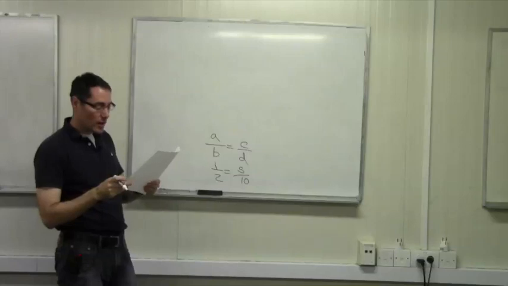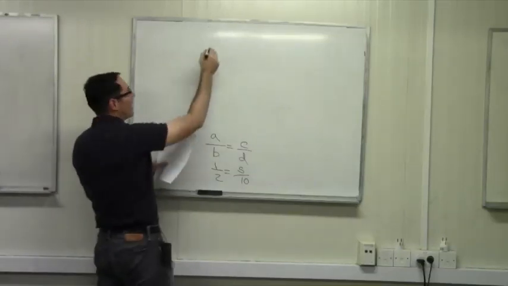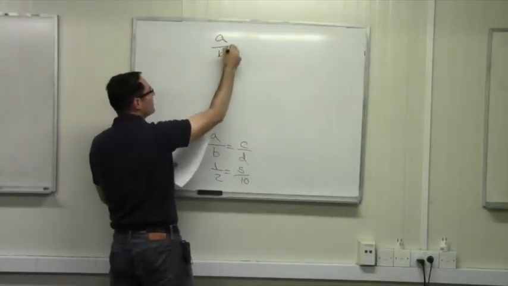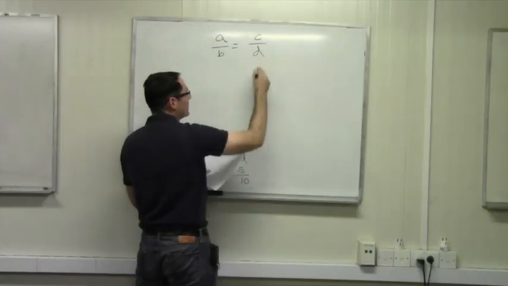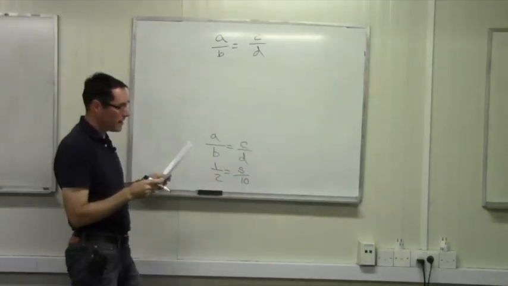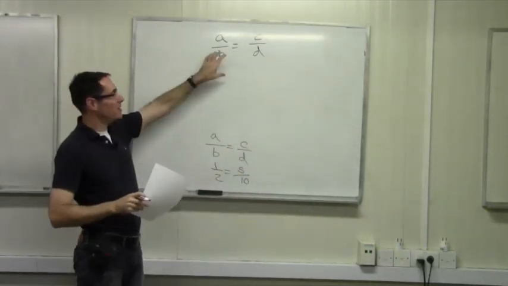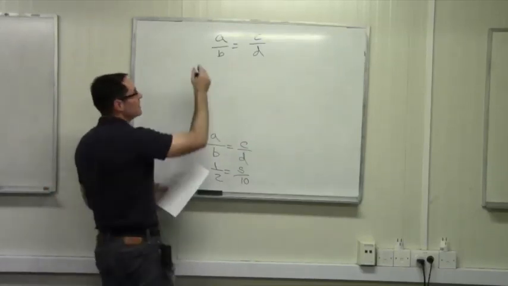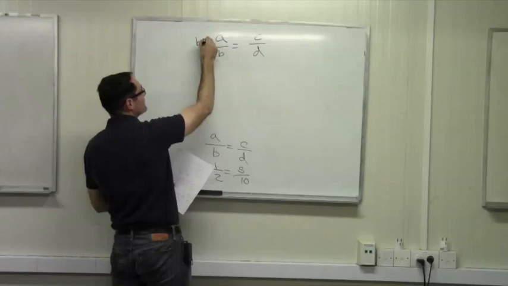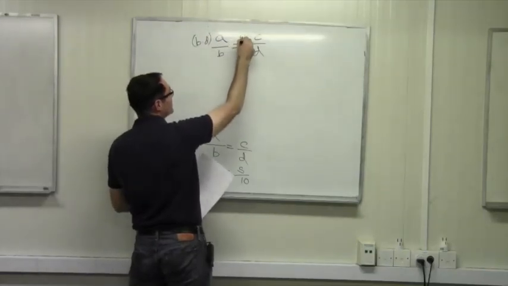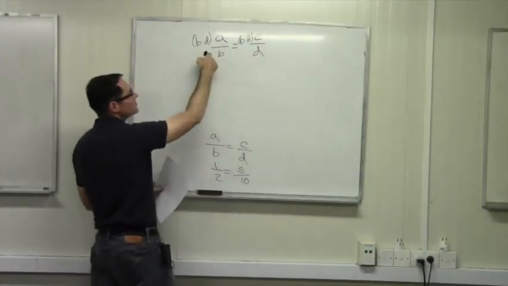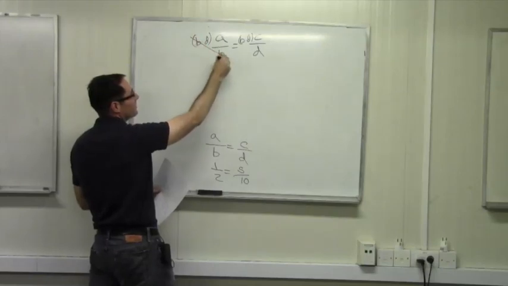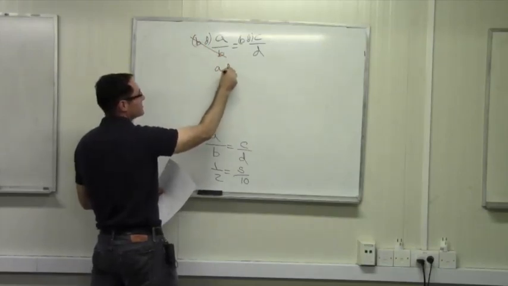So if you have a over b equals c over d, what would the common denominator be for these two? b times d. So if we multiplied b times d to both of these, this one's going to cancel out b, and you're going to be left with a times d.